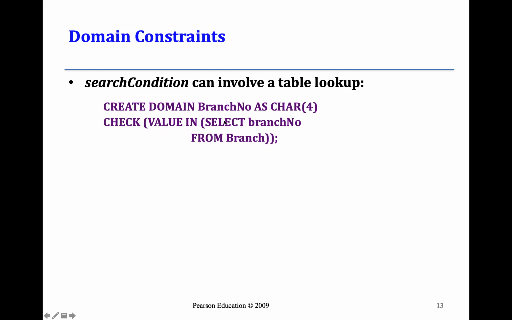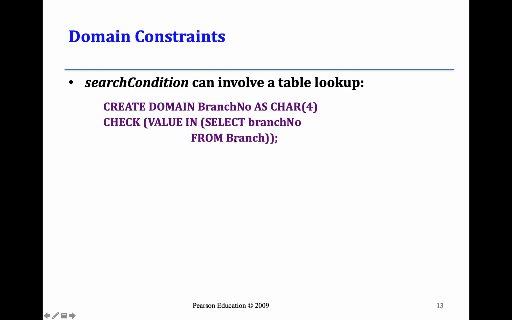So that's what we're doing. We're saying that while branch number can be a 4-character string, the only allowable values are those that are in the branch numbers from branch. Typically your check has an in; you're in some set. Yes, question?